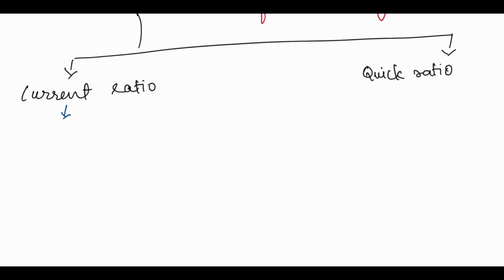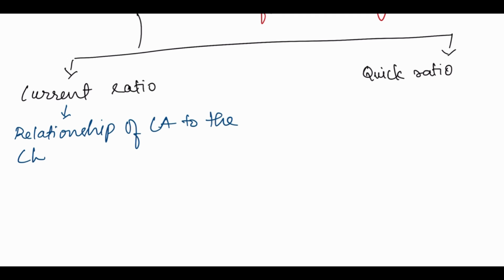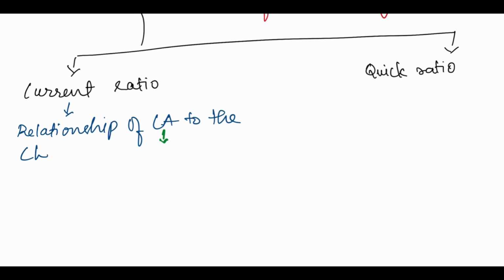So current ratio, it shows the relationship of current asset to the current liability. Okay, CA is current asset and CL is current liability. So here, what do you mean by current asset? Current asset is an asset which can be converted into cash within 1 year.